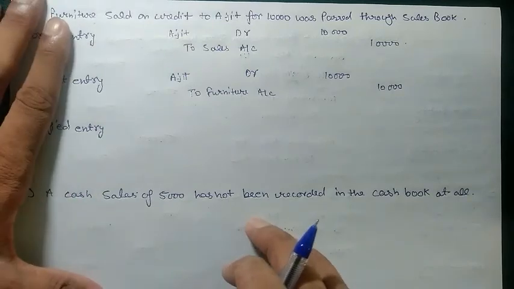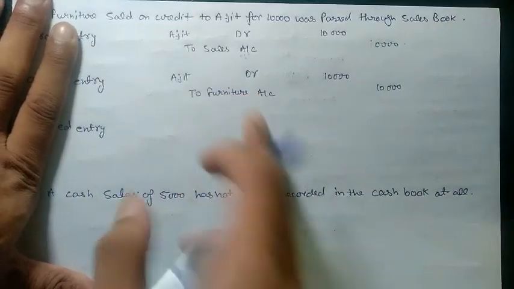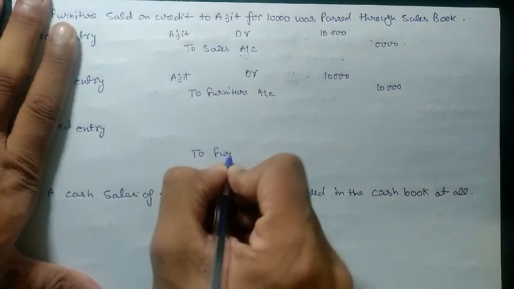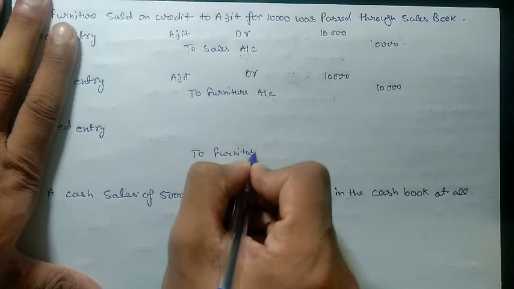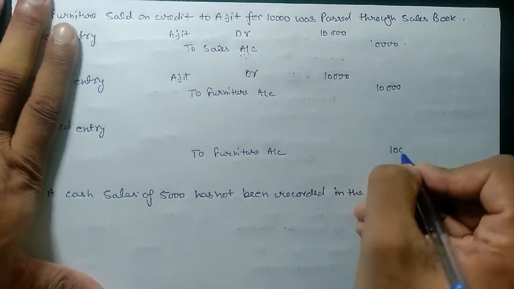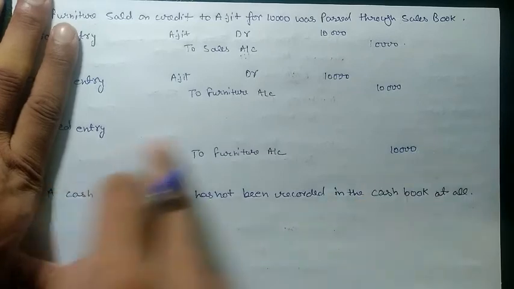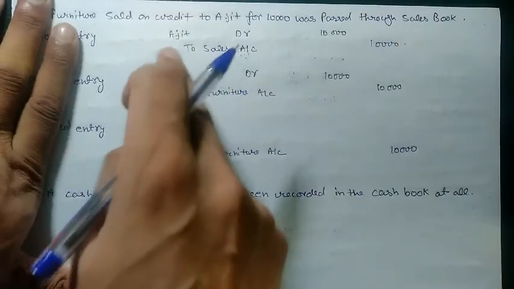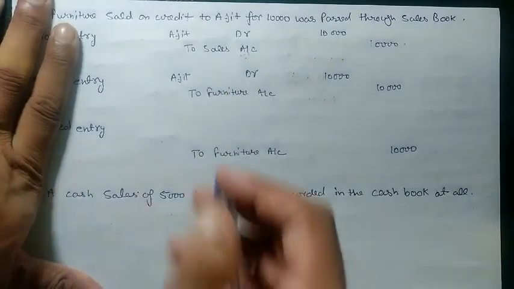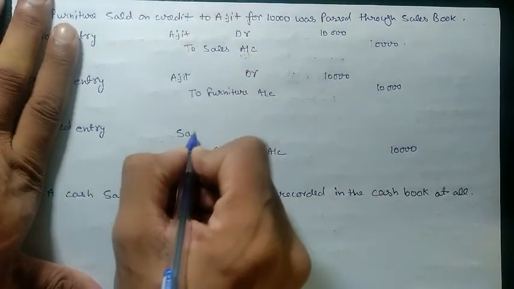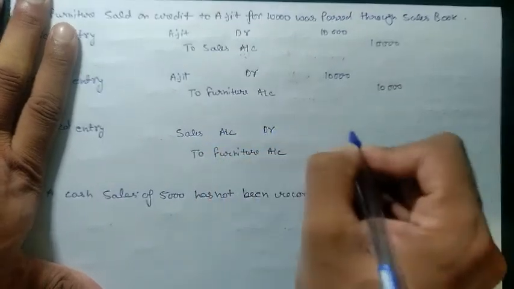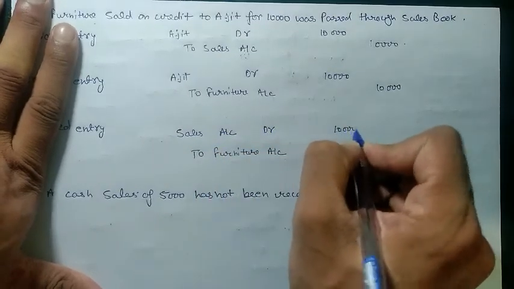First thing is we need to credit furniture account, that would be 10,000, but we do not have to credit sales account, but we have credited. For nullifying the effect, we will debit sales account by the same amount, that is 10,000.